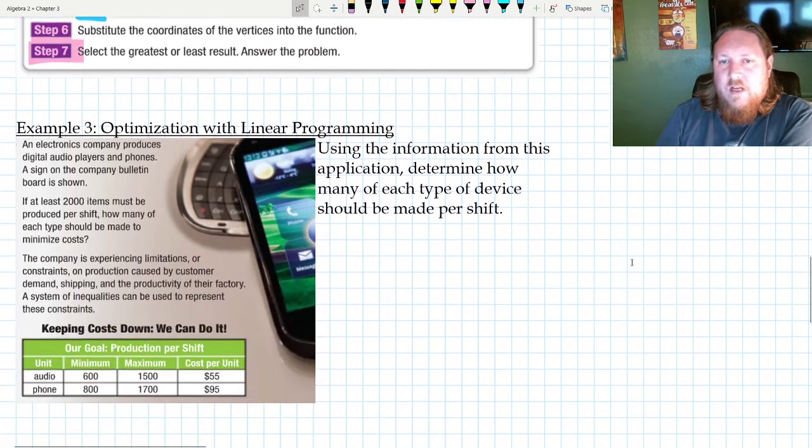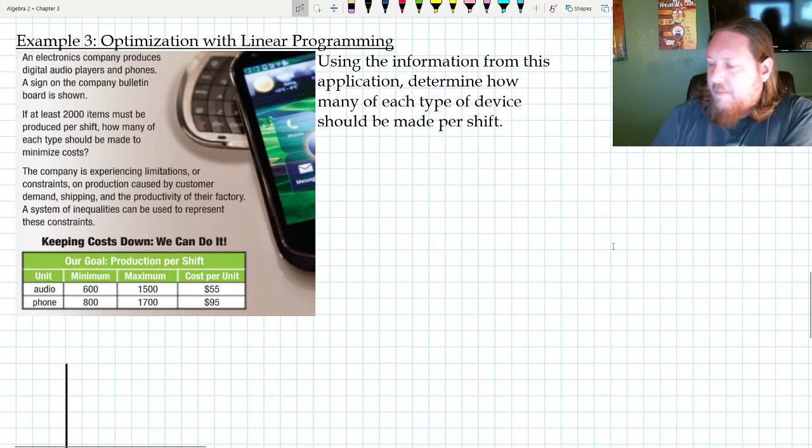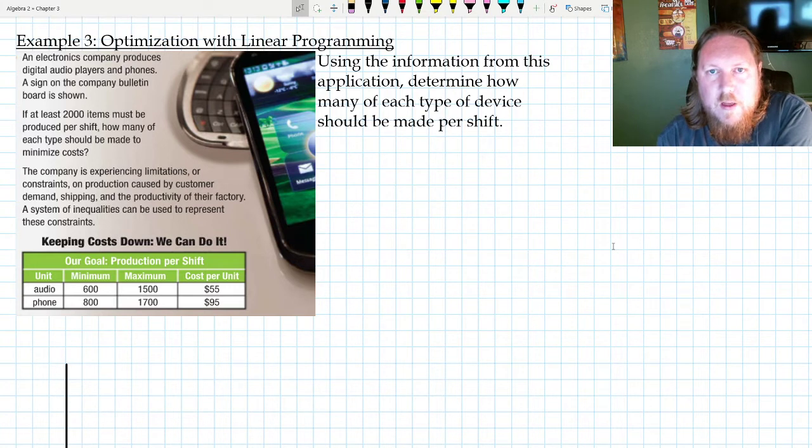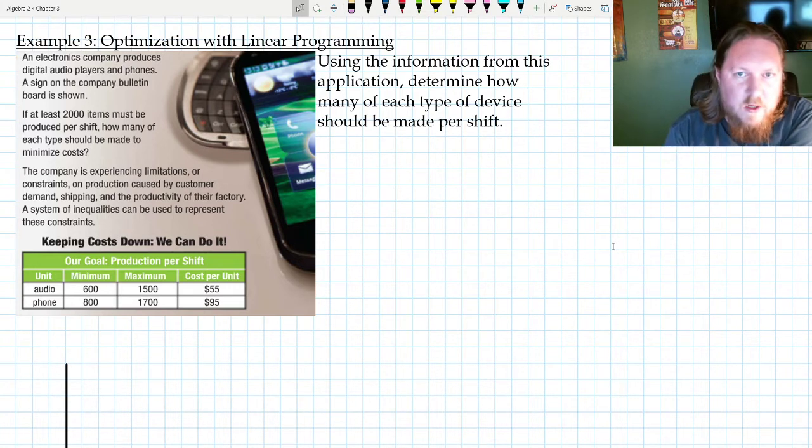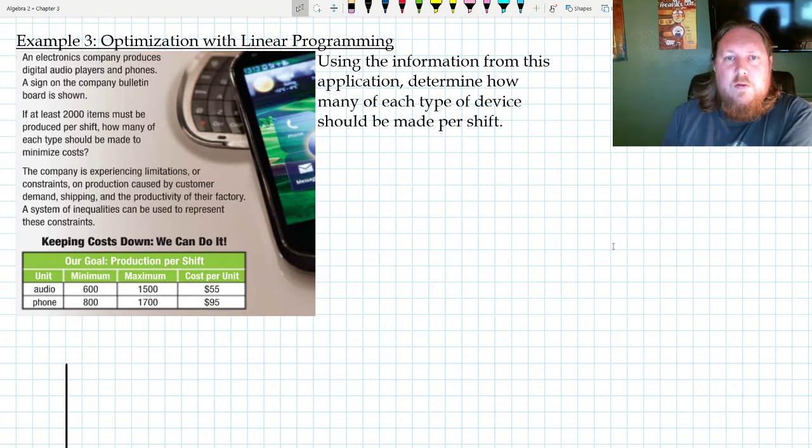So for example 3, the optimization with linear programming, here's the scenario. An electronics company produces digital audio players and phones. A sign on the company bulletin board is shown. So you can see that's the little table that they have down there. If at least 2,000 items must be produced per shift, how many of each type should be made to minimize costs?